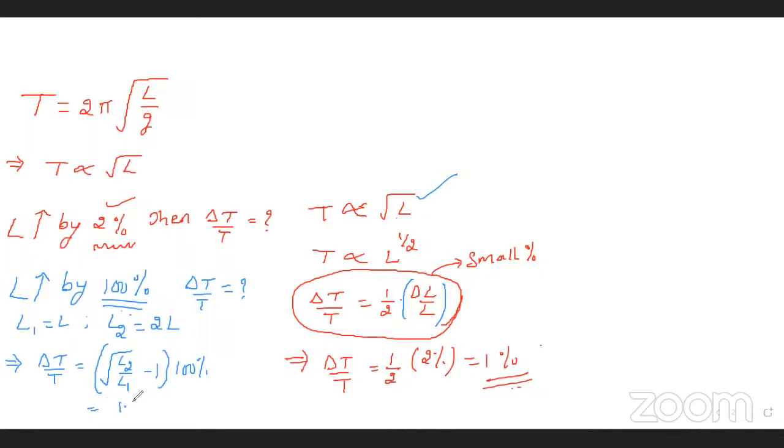Root of 2 is 1.414 minus 1 into 100%. What is 1.414 minus 1? 0.414 into 100 is there.